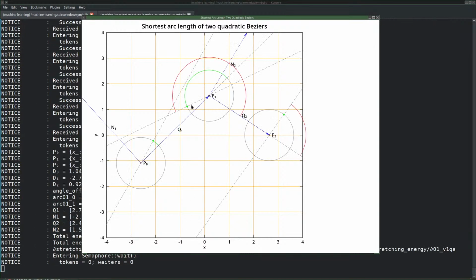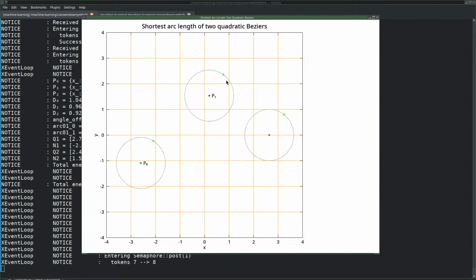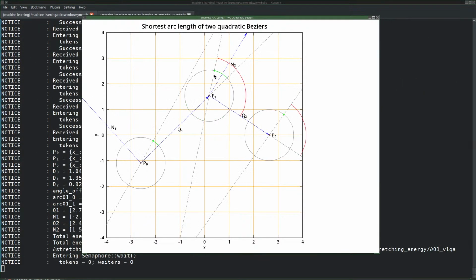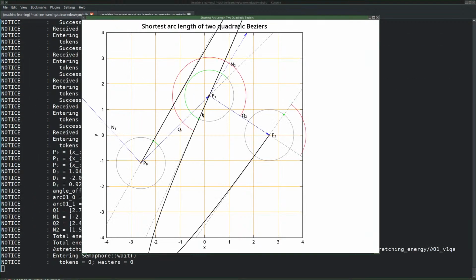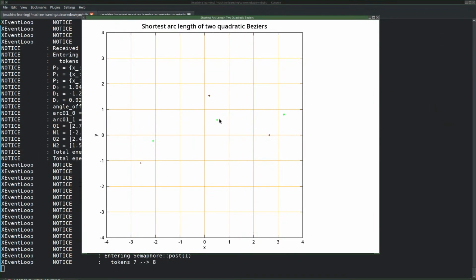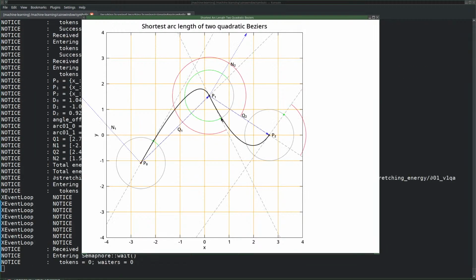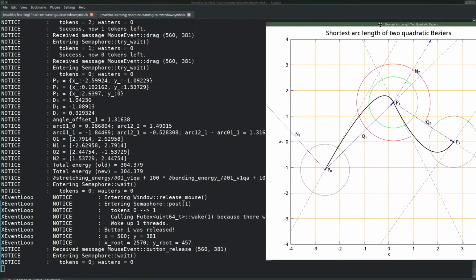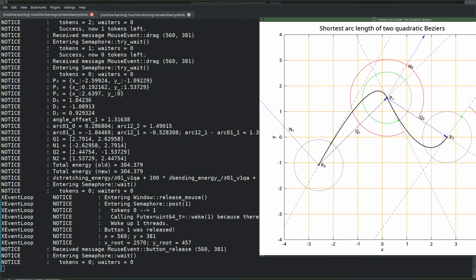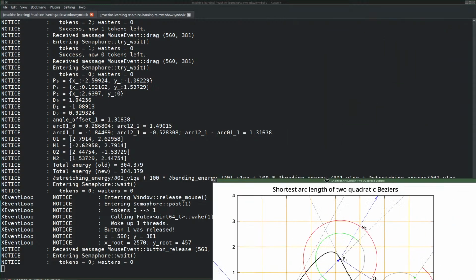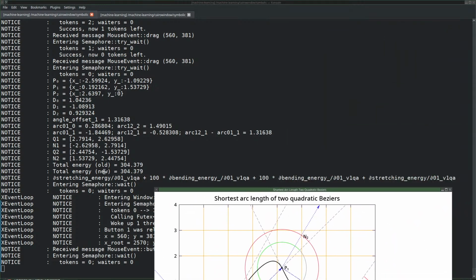Why is that so slow? Derivative is just printed like that.